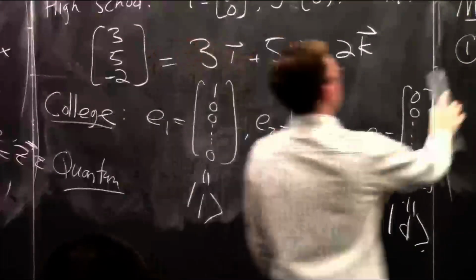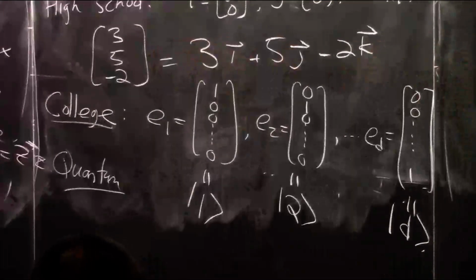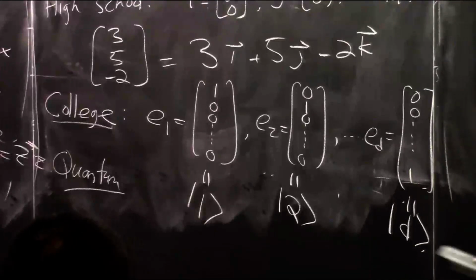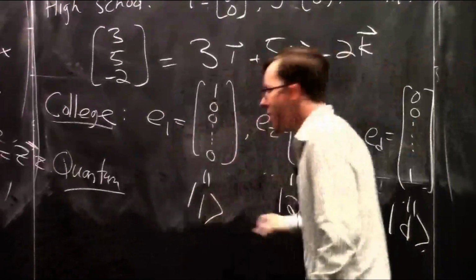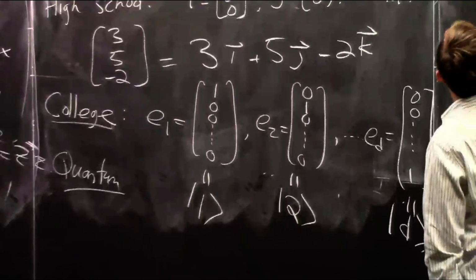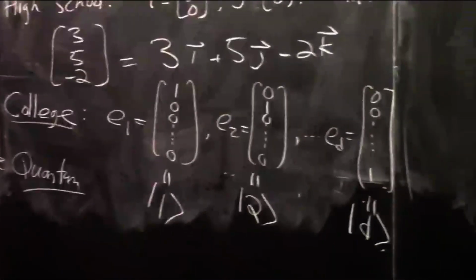There's an exception to this rule, and that exception occurs when d is 2. Because when d is 2, instead of calling them 1 and 2, you call them 0 and 1. Like when d is 2, you follow the computer science Python convention of indexing your arrays by 0 rather than the math convention of starting them with 1.